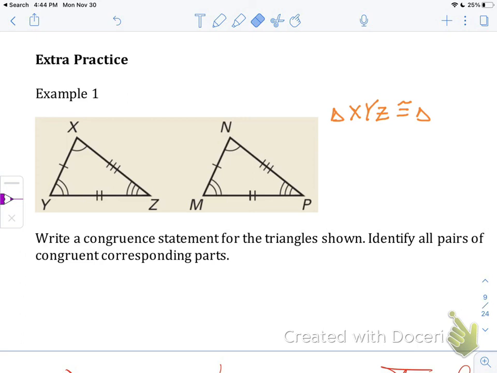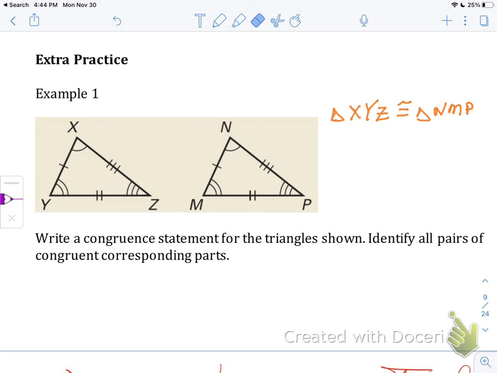Okay, so X is a single, N is a single, Y is a double, M is a double, Z is a triple, P is a triple. That's my congruency statement.